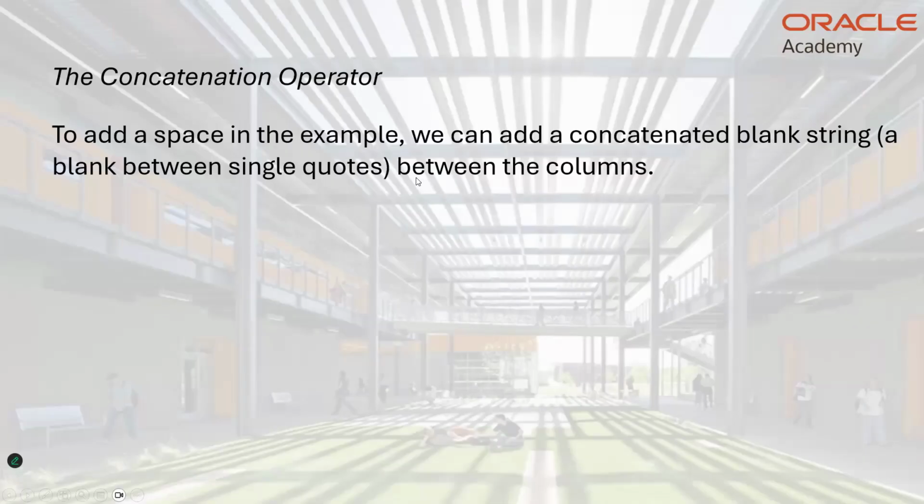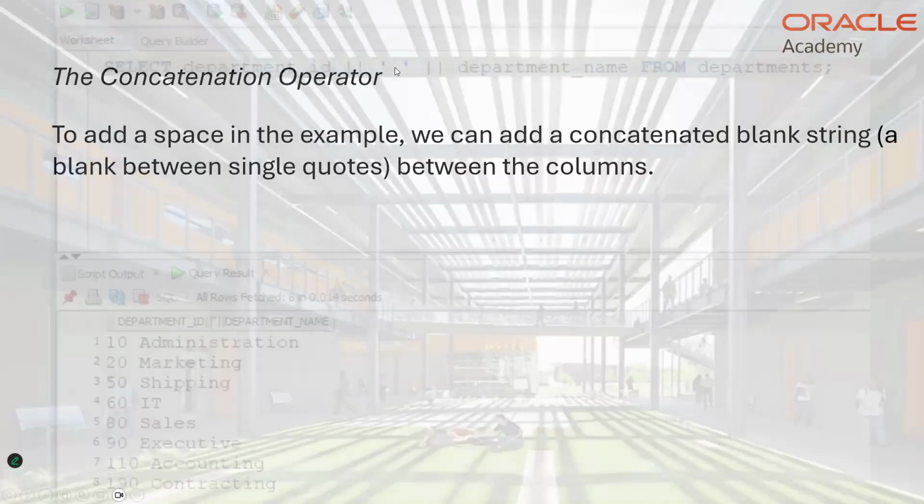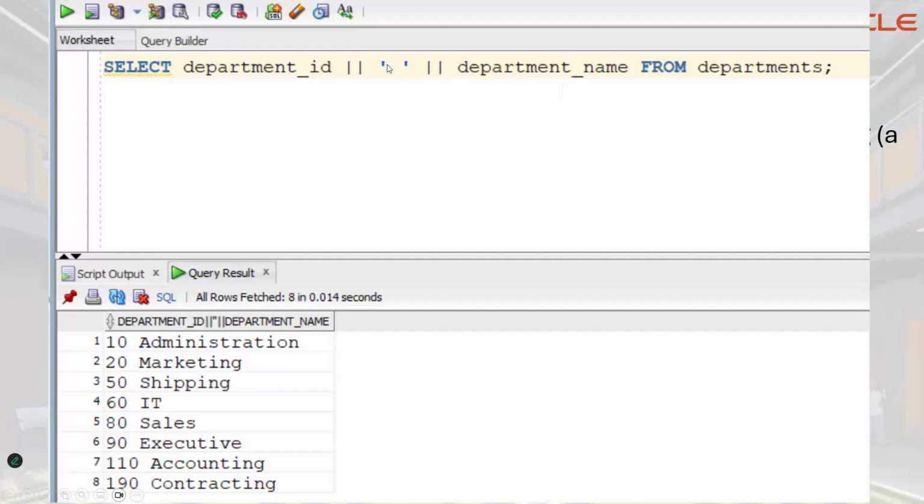So to add a space, we can add a concatenated blank string. What I mean by that is this single quote with a little space in it. You're adding that to the department ID and then concatenating that with department name. So you're just adding a space. So you see how that creates a nice clean output.